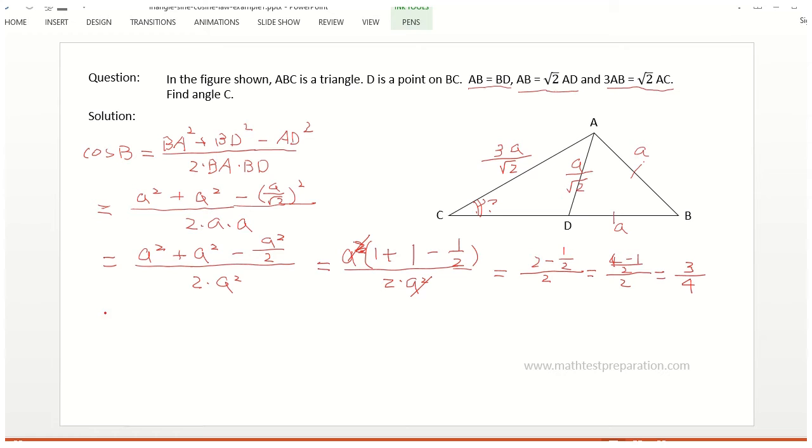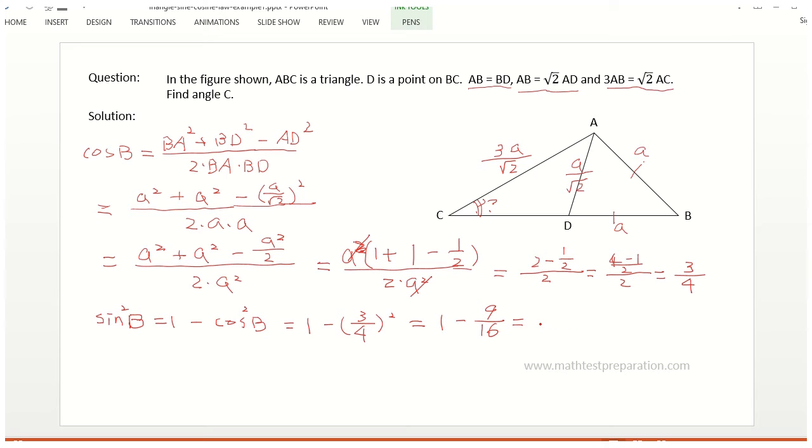From cosine B, we get sine B. Sine B square equals 1 subtract cosine B square, which equals 1 subtract 3 divided by 4 square. So this equals 1 subtract 9 divided by 16.